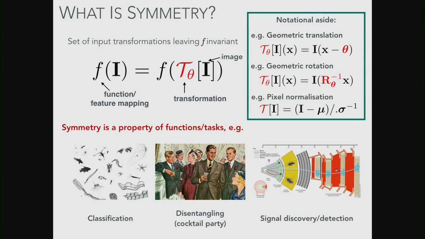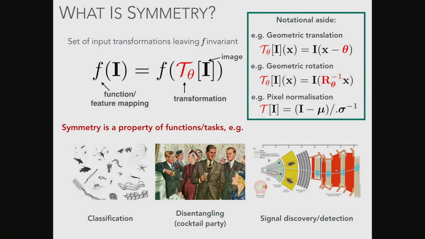Another example is signal discovery or detection. This is stolen, I forgot to put a reference here, from a guy called Kyle Cranmer, who's at NYU. He gave a really nice talk at the NIPS conference a few years ago about applying machine learning to discovering signals in the LHC.